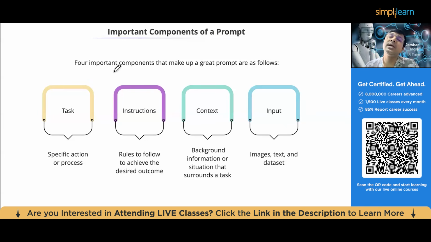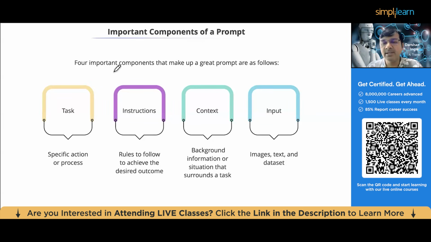And the next one is the input, any data that you provide. Use customer reviews as input text. So if you miss out on any one of these, your AI may not meet your expectations. But when you combine them, AI suddenly feels like it understands your intent. So these are the important components of prompts.